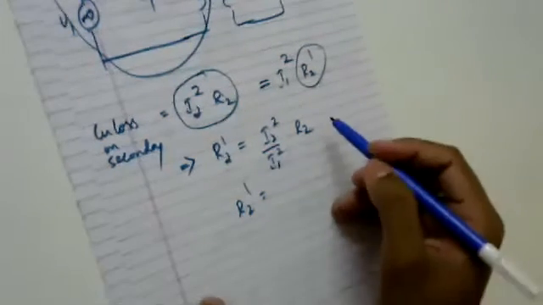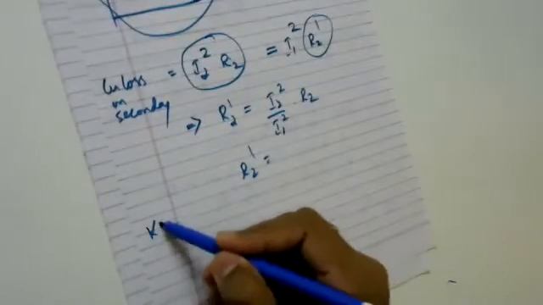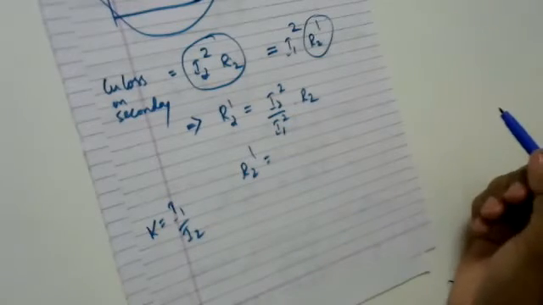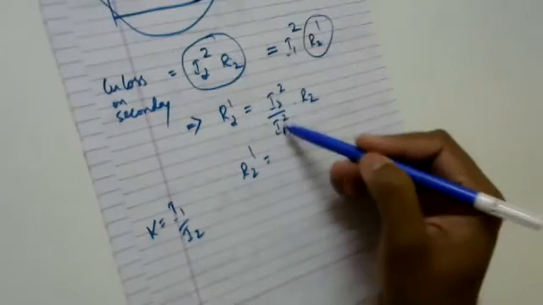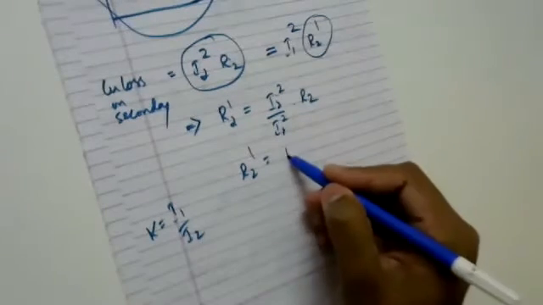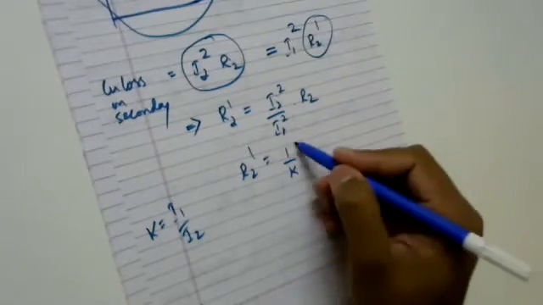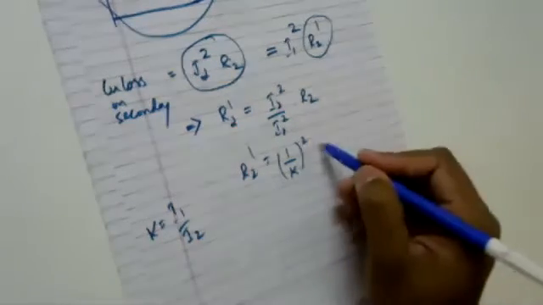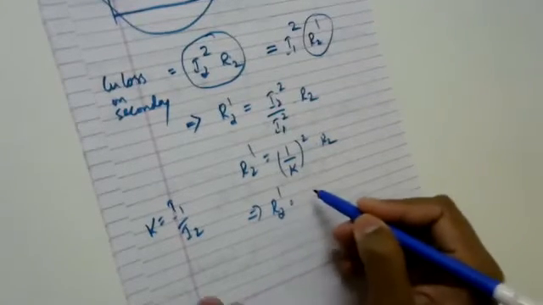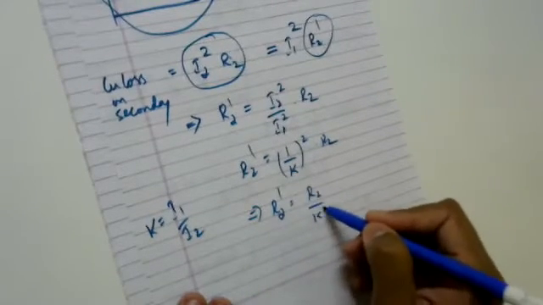You know the transformation ratio K is given by I1 by I2. I hope you remember this. But now this is not I1 by I2, it is the inverse ratio, I2 by I1. So I can write this as 1 by K whole square into R2. So R2 dash will be equal to R2 divided by K square.